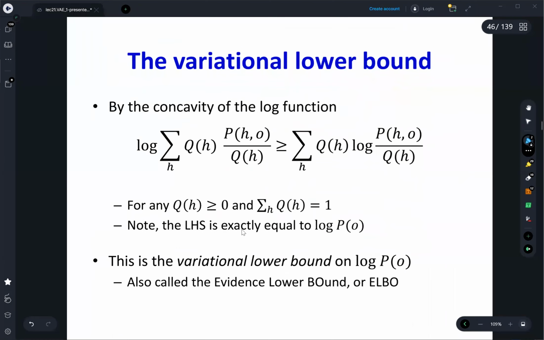And so going back here, when Q of H is a probability, this is a convex combination of P of H comma O divided by Q of H. And so the log of the convex combination of these is always going to be greater than or equal to the convex combination of the log of these, log of P of H comma O divided by Q of H. So is this making sense based on what we just saw?